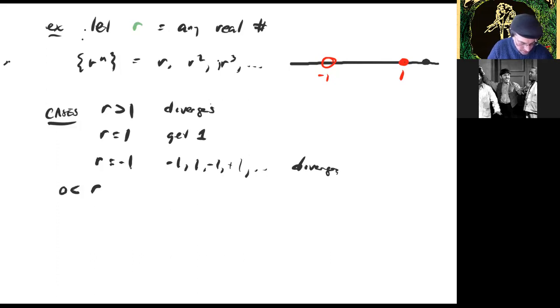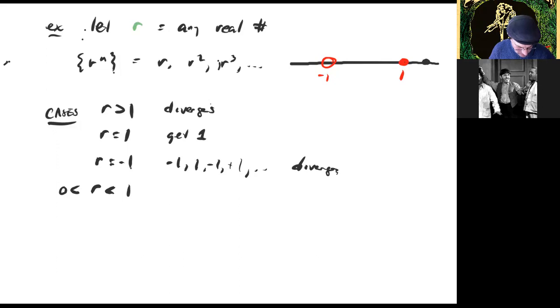Now let's take values of R between 0 and 1, positive numbers. What happens to a fraction like 1/2 when I take powers of it? As the powers get bigger, like 1/2 to the billionth power, you get a very small number. That limit is tending to 0.